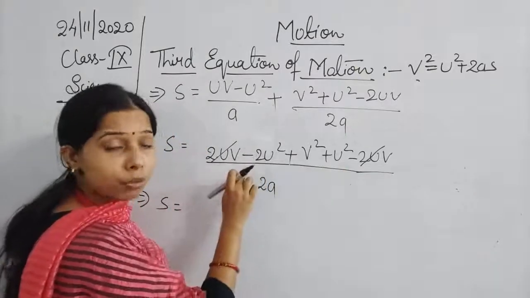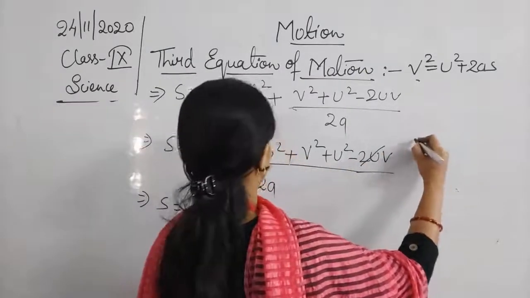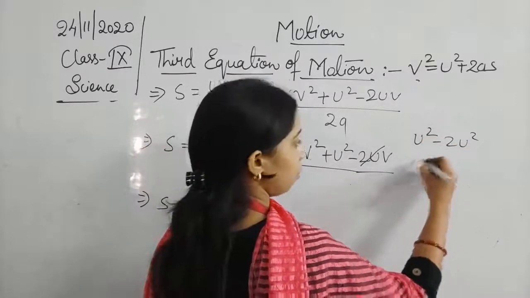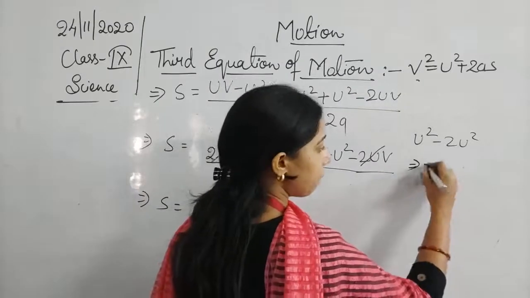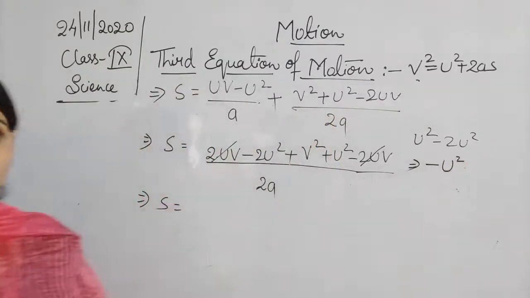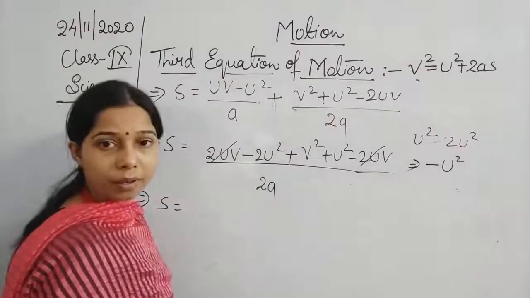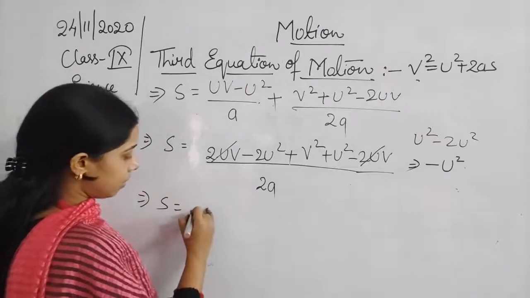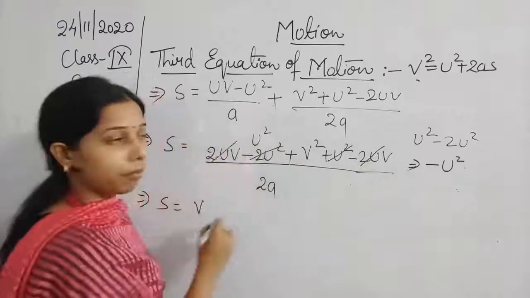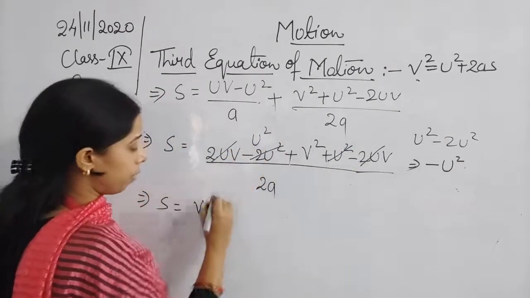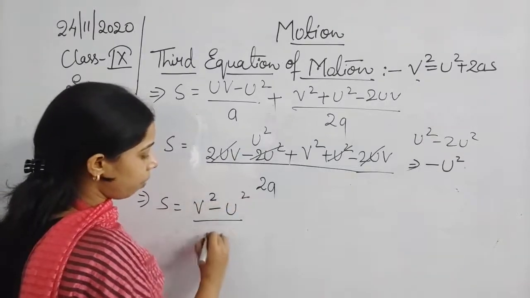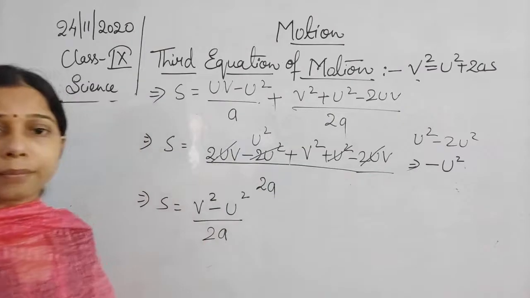So minus 2U square and U square, it will be U square minus 2U square, so it can be written as minus U square. Okay, so we can write it as V square minus U square upon 2A.